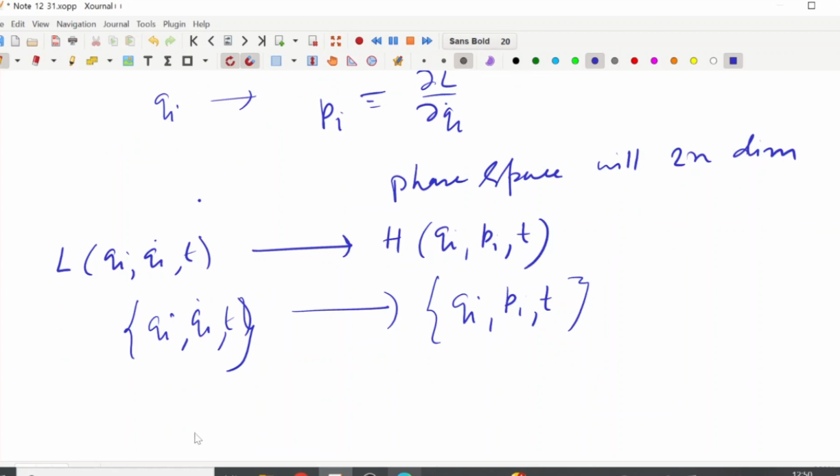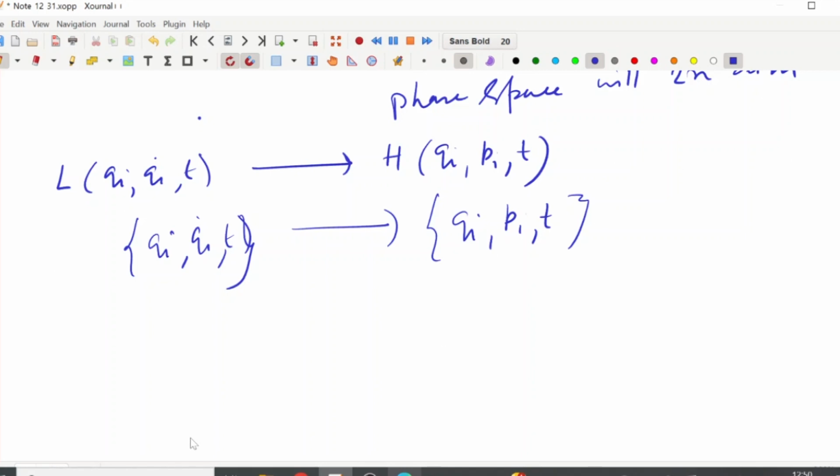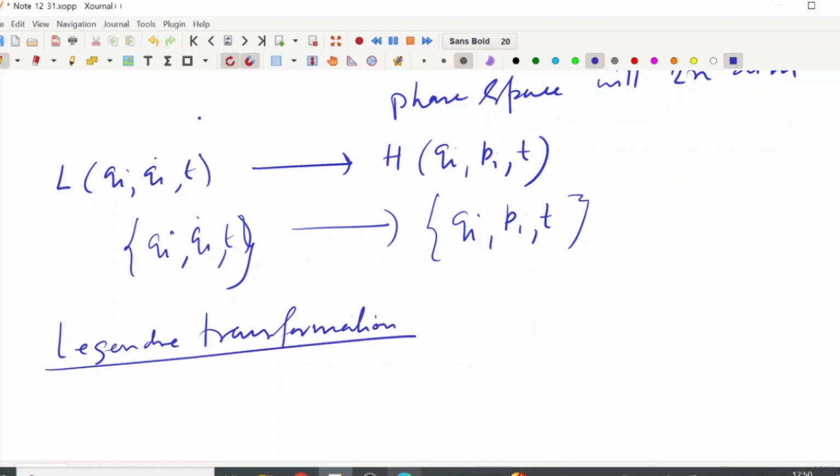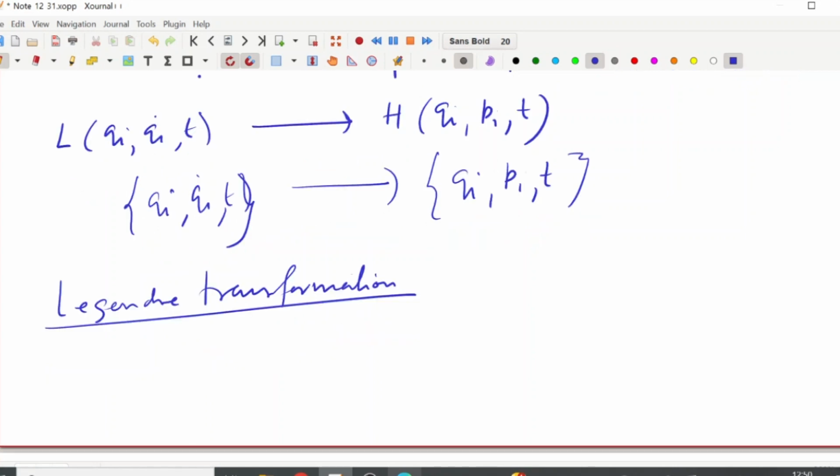So, let us discuss the Legendre transformation. We will consider it with the help of a simple example.